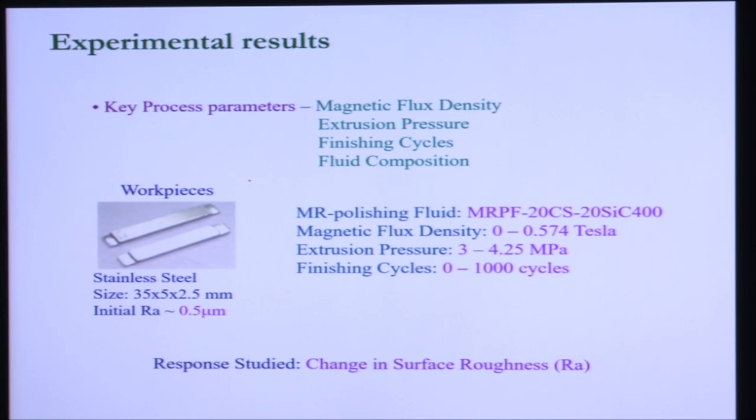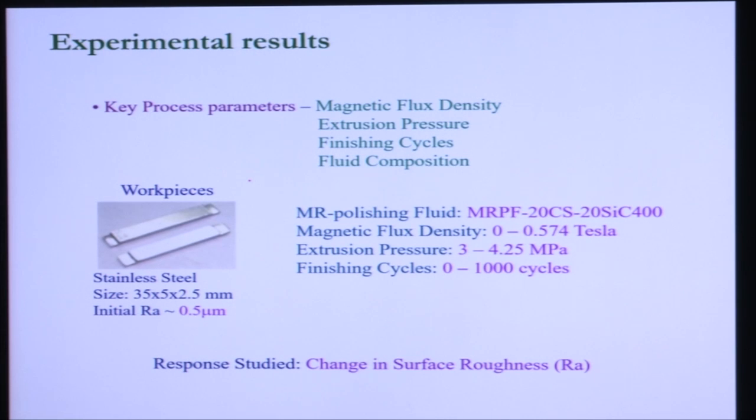Now the magnetic flux density. There is a certain limit of magnetic flux density using our electromagnet. This electromagnet can generate from 0 to 0.574 Tesla, so the maximum magnetic field available is 0.574 Tesla. This magnetic field is measured at the surface of the core material.